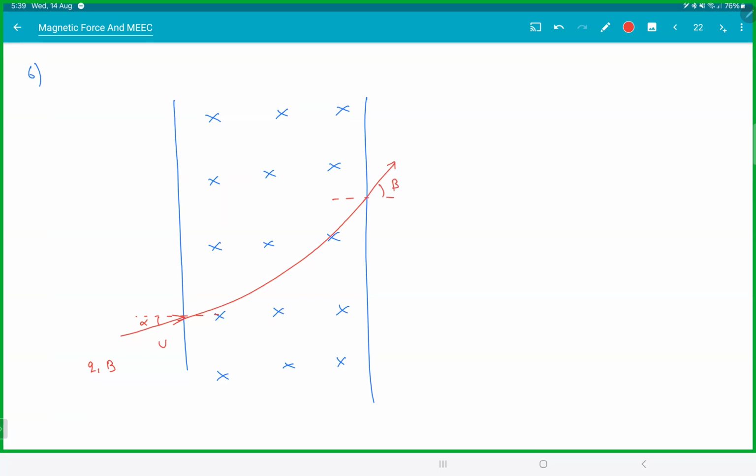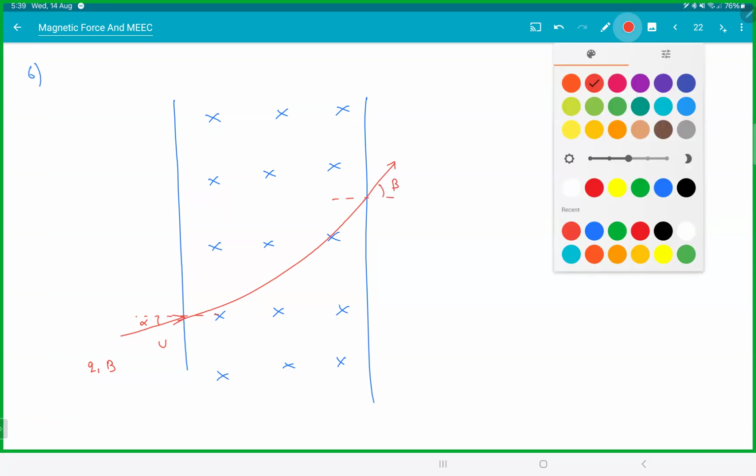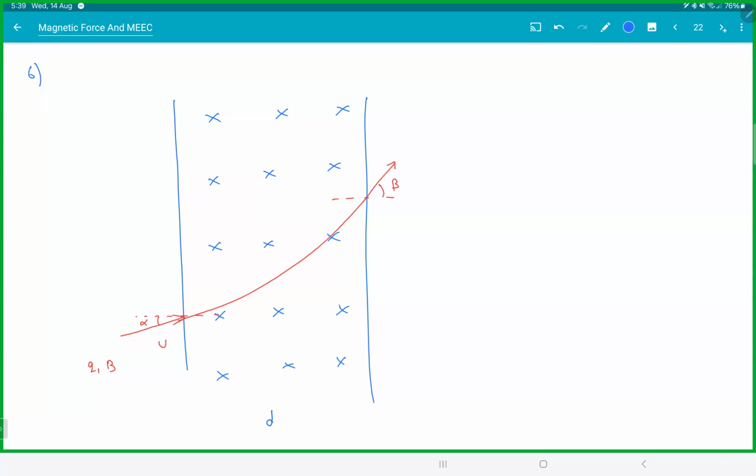This angle is beta. The thickness of this region is d. The magnetic field is B, constant, and the speed is u. Find the relation between alpha and beta.